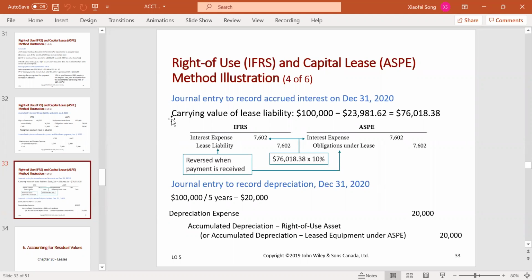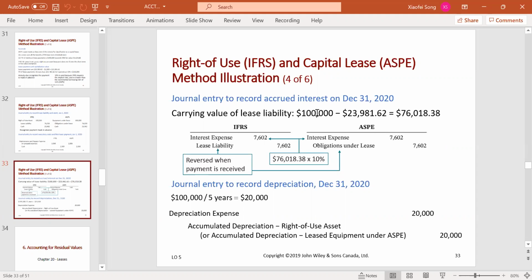Year-end adjustment, first year. Interest needs to be accrued, because let's assume December 31 is year end. So one year of interest needs to be accrued, as the payment is the next day. For the amortization table for an annuity due, we need to remember the interest is based on the remaining liability balance.